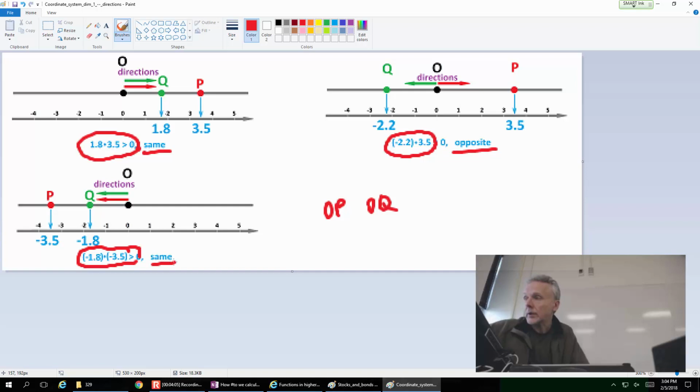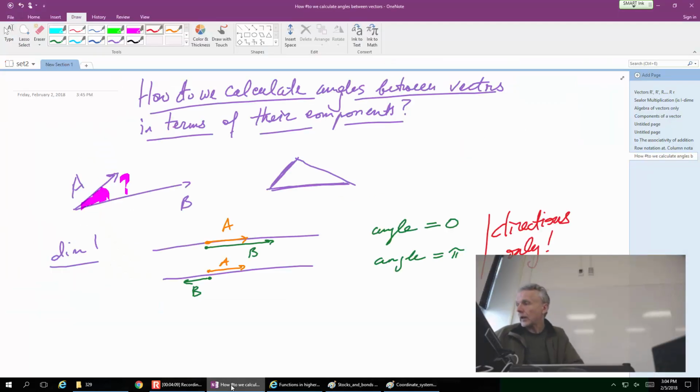So it turns out, as I started doing it here, it is about the angles. So let's speak of numbers. Let's say A and B are two numbers. I'll use the same letters for the components because it's just a number.